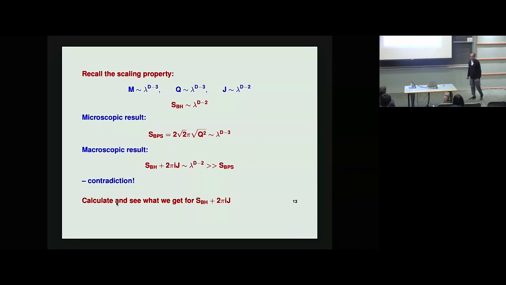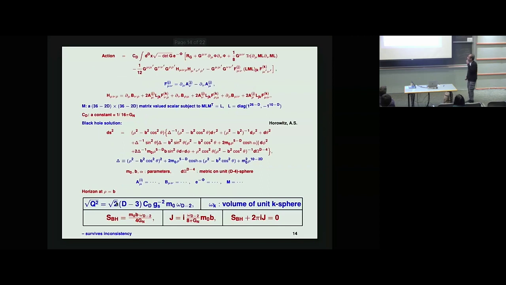So to see what's going on, let's just calculate and see what we get. We can construct the black hole solution explicitly, calculate S_BH and 2 pi iJ, and see what we get. Here is the action and the solution. The action is the action for N equal to 4 supergravity in d dimensions.